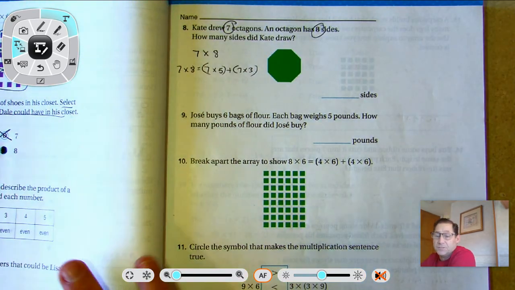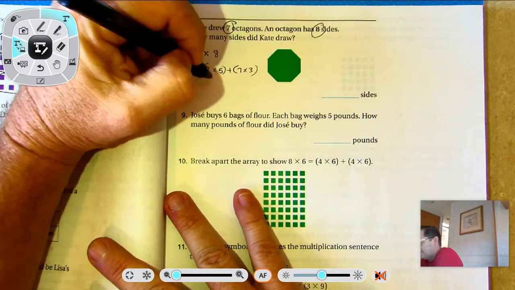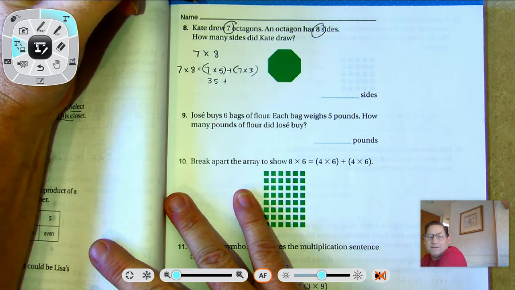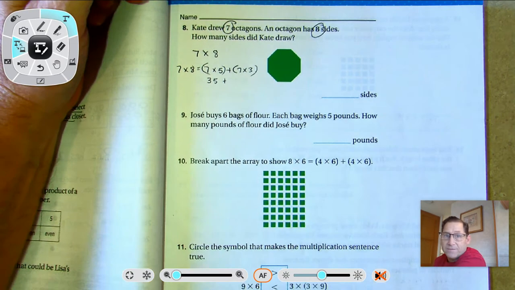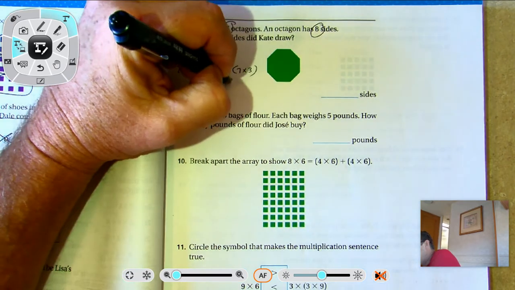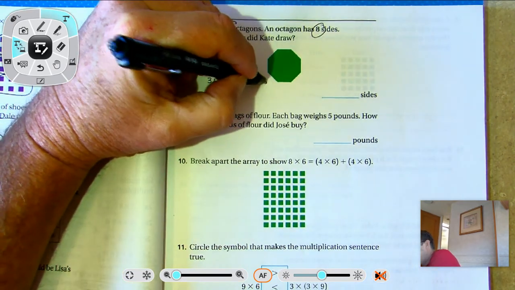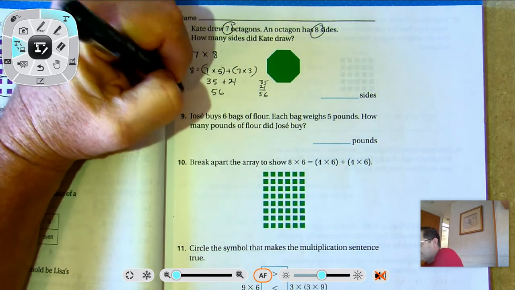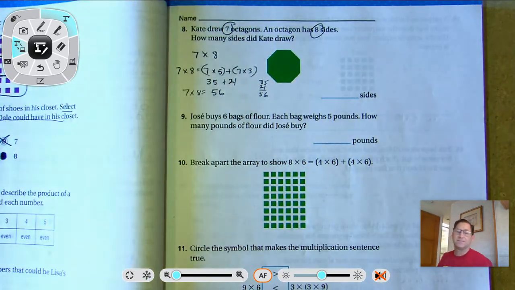Okay, so I can use the distributive property to make that easier. 7 times 5 is 35. And 7 times 3, well, I know 7 times 2 is 14. Add 7 more, that's 21. What is 35 plus 21? 56. So 7 times 8 is 56.